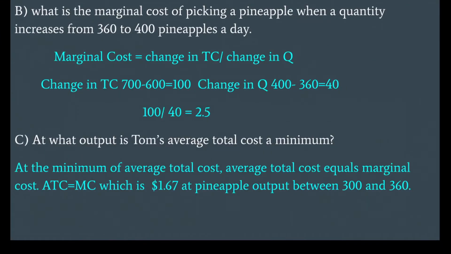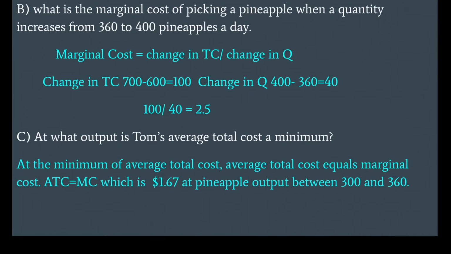Second question is, what is the marginal cost of picking a pineapple when the quantity increases from 360 to 400 pineapples a day? The marginal cost is change in total cost over change in quantity. So change in total cost is 700 minus 600, which is 100, and change in quantity is 400 minus 360, which is 40. 100 over 40 is 2.5, the marginal cost of increase from 360 to 400 pineapples a day.